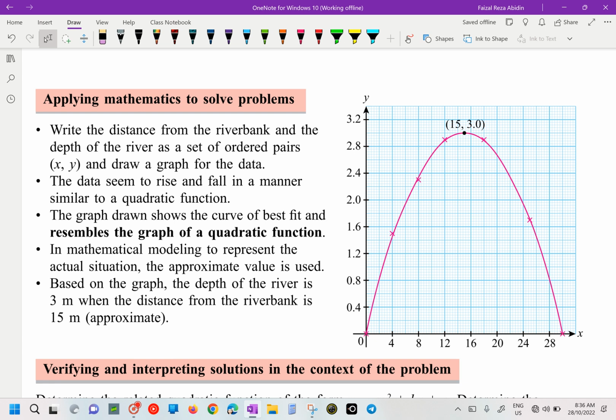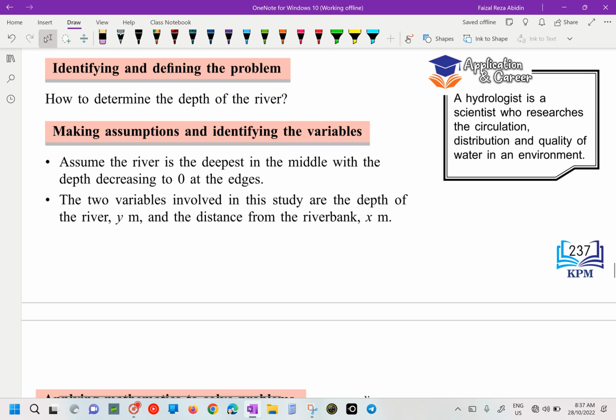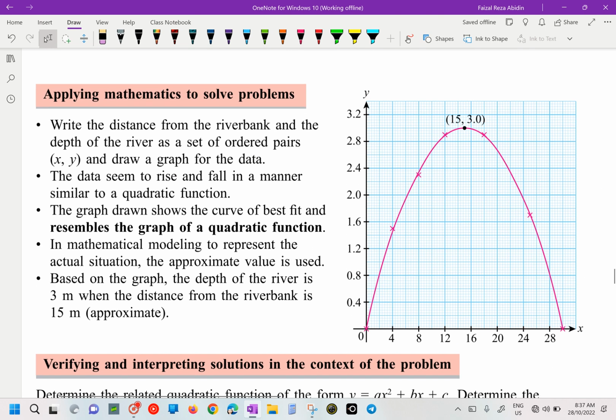If you look here, x is the distance, y over there is the depth of our river. Okay, so x, y over here. How did we get our graph? This x, y, this x, y, right? You are going to have x and y, x for our x-axis, which is the distance of the river bank, and y, depth of our river. That's why you are going to get the quadratic graph here.